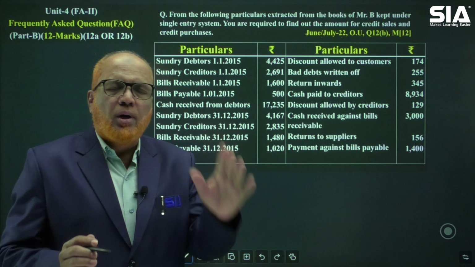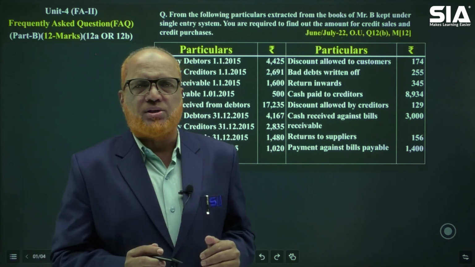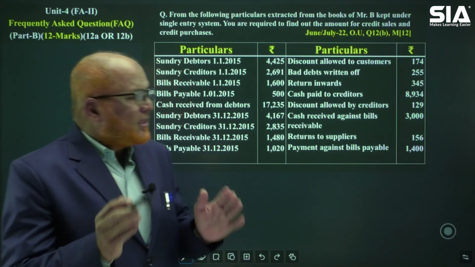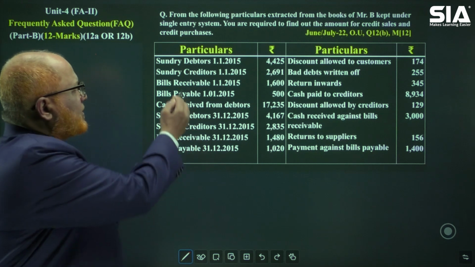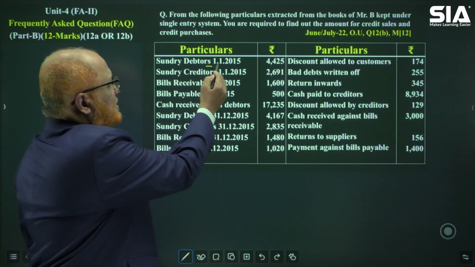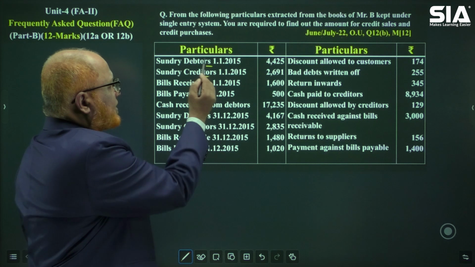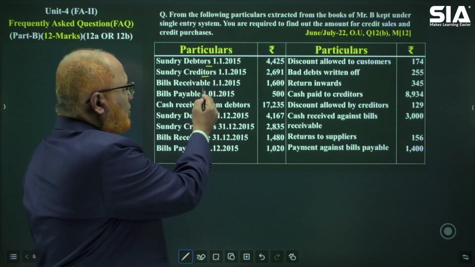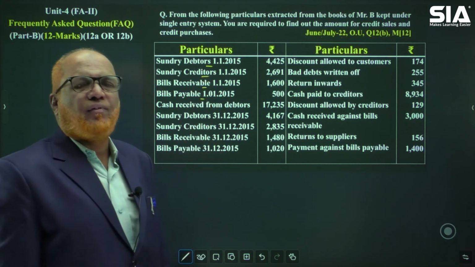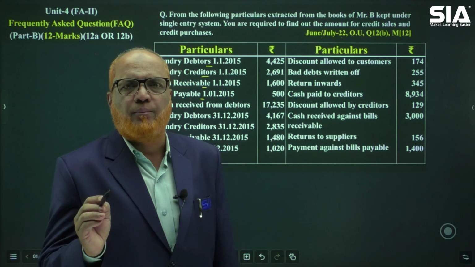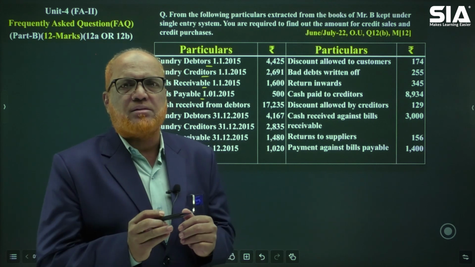Our requirement is only to find out the sales and purchase. So, the information given in the problem is sundry debtors on 1st January 2015, and sundry creditors on 1st January 2015, bills receivable and bills payable on 1st Jan 2015. These are the opening balances.